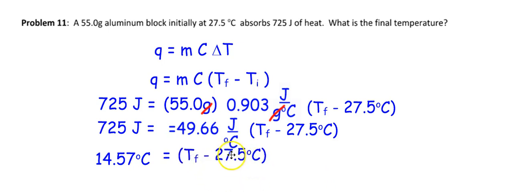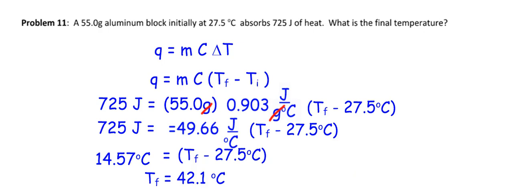So now what? I'm going to add 27.5 to both sides, and I got this. Now, does that make sense? Should be higher than what you started with, shouldn't it? Because you absorbed energy. So that's how I did it. If you distributed in this step first, I think you can, but it's probably going to be a little bit more difficult in the long run. I don't know, maybe not, but that's, again, one way to do this.